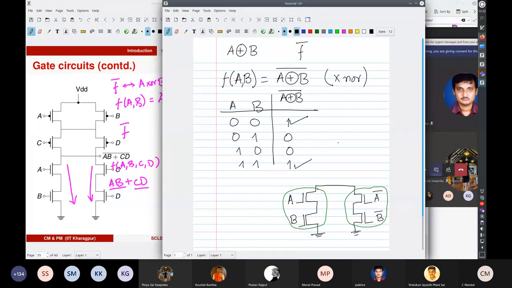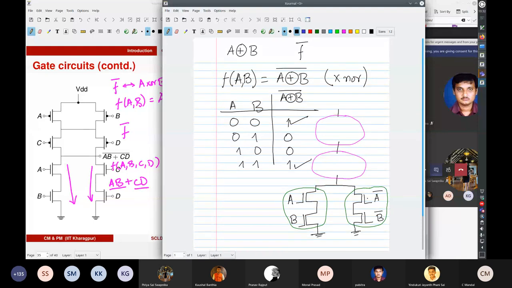So you want these to be in series. So you have VDD there. I'm just drawing a cloud over there and another cloud over here. So these two are going to be the dual structures of this, and these two are going to be in series, right?